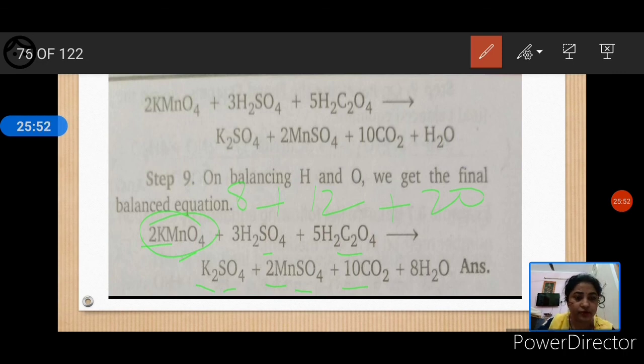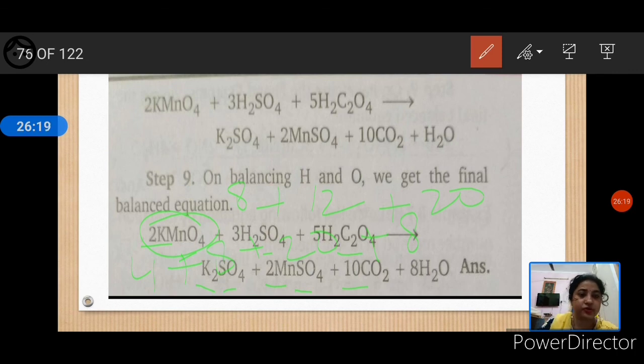So let's see here: 4 plus 4 twos are 8, plus 10 twos are 20, plus 8 twos are 16. 4 plus 20 plus 20 is 40. Oxygen is balanced.